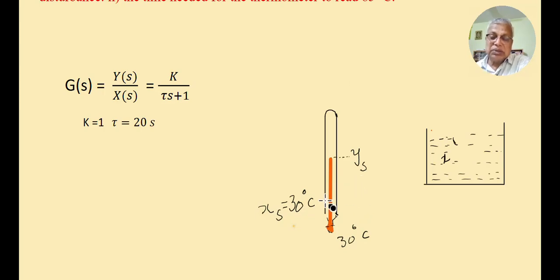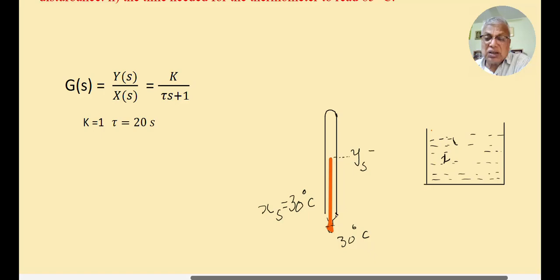The thermometer has been here in the room for a long time, so that steady state is reached. So the surrounding temperature of the thermometer, as per our notation, Xs at steady state is 30 degrees centigrade. And since the thermometer is at steady state, the reading shown by the thermometer, the output Ys at steady state, will also be equal to 30 degrees centigrade.